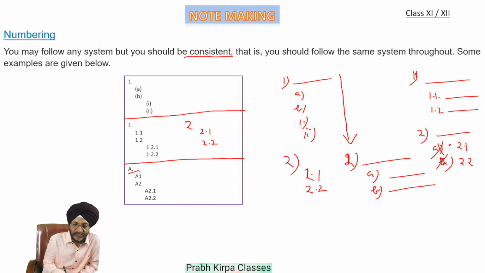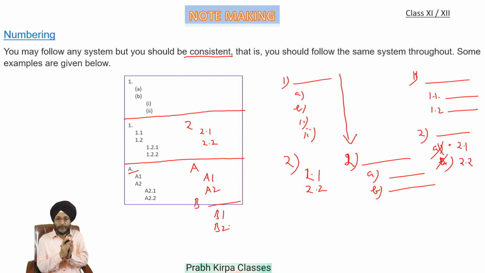If you are using this type of format, A as heading, then you will use A1, A2. Then you will use heading B, then you will use B1, B2. That is, you will have to follow the same system throughout. You cannot change in between.